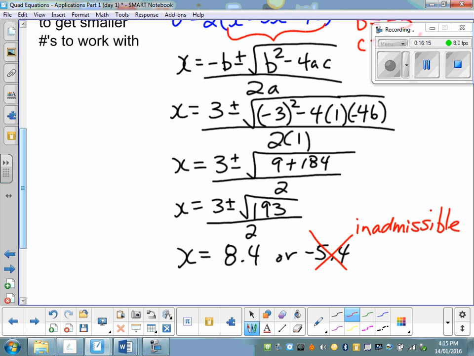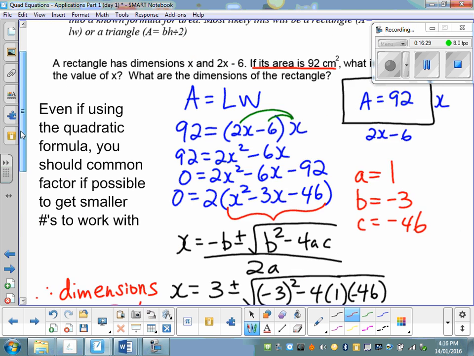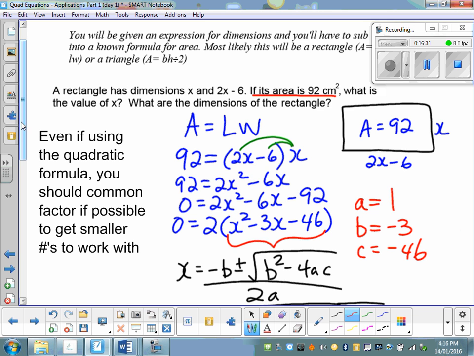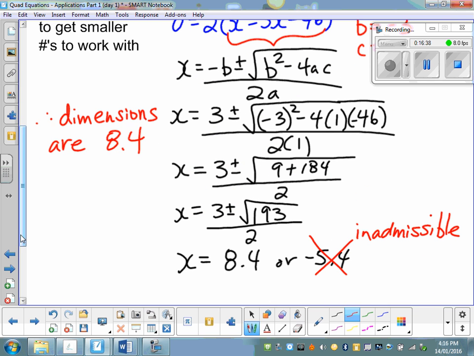So therefore, the dimensions are 8.4. So that's what the x value is going to be, 8.4. Now I need to calculate what the length is going to be there. So if I do 2 times 8.4 minus 6, that's going to give me 10.8.